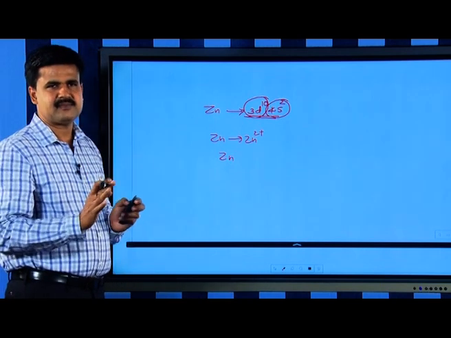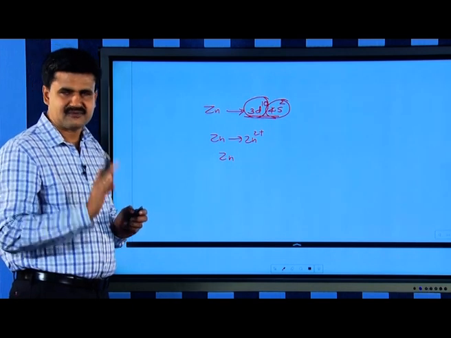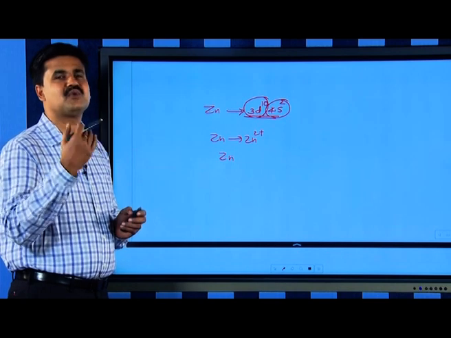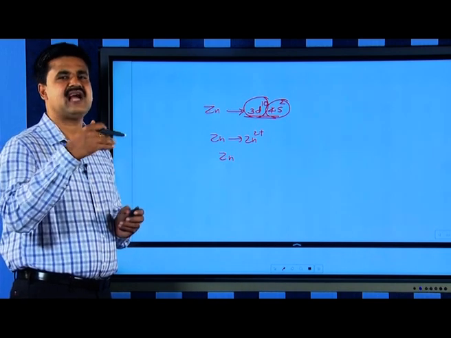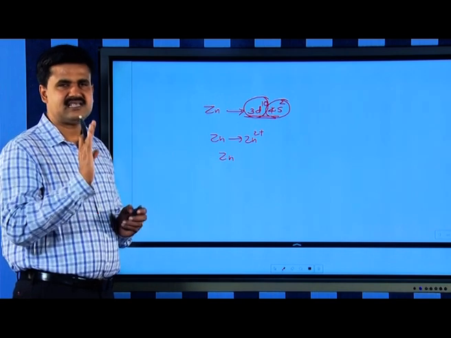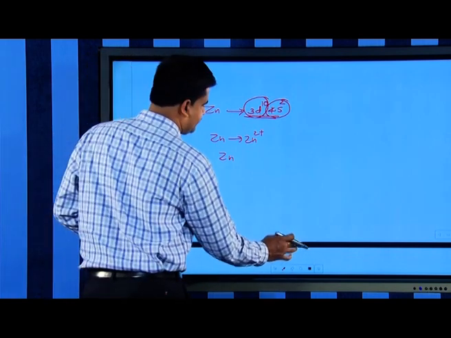Every metal prefers to have some stable arrangement always. Therefore, disturbing that stable arrangement requires more energy. High ionization enthalpy associated with metallic zinc is due to its stable electronic arrangement.